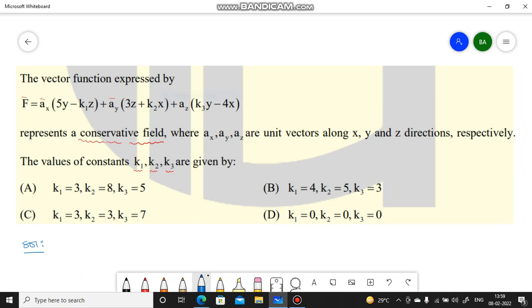Here the given vector is F. If F is a conservative field, its curl must be equal to 0. That means curl F bar is equal to 0. We can also write this as del cross F bar equals 0. If F bar satisfies this equation, then the vector is said to be a conservative field.